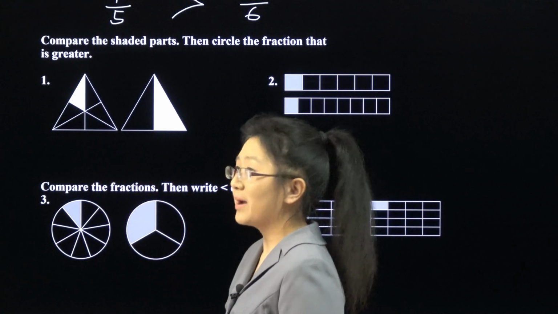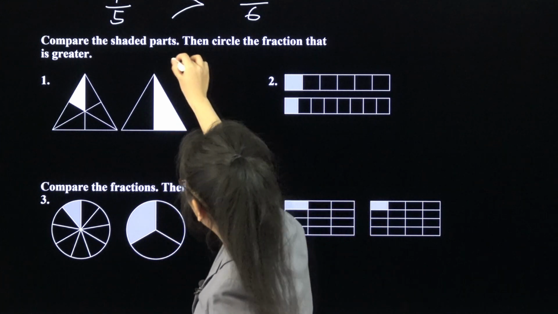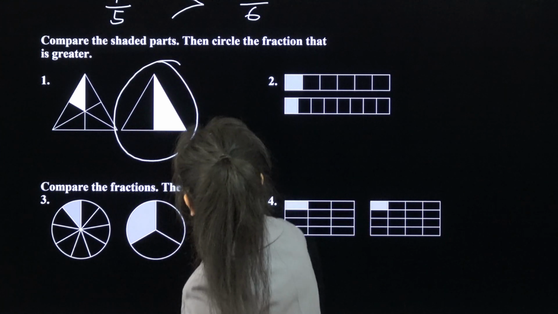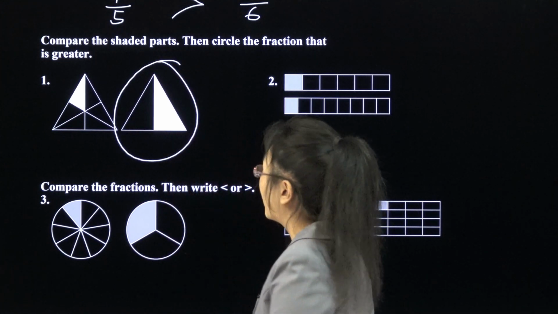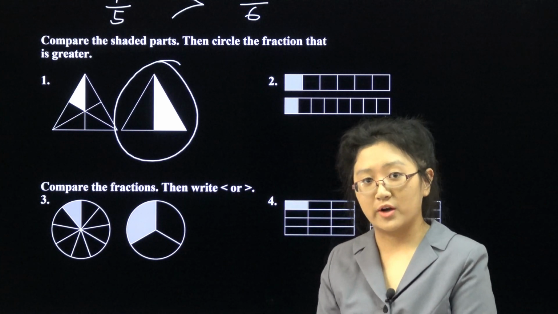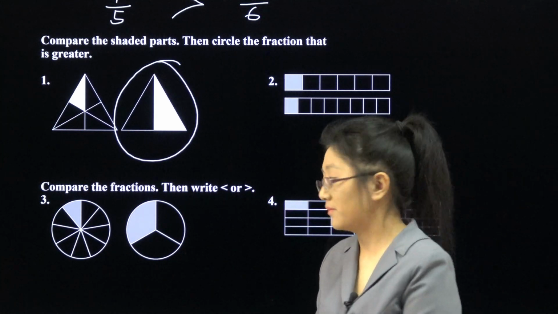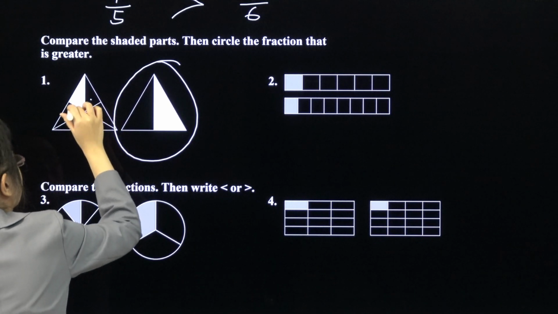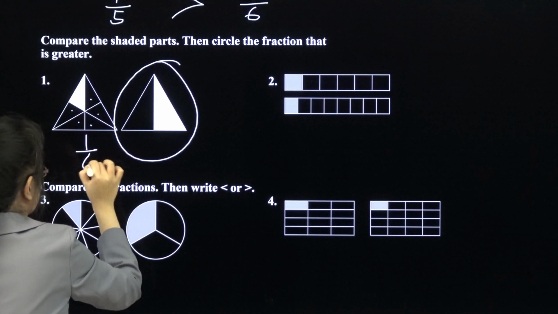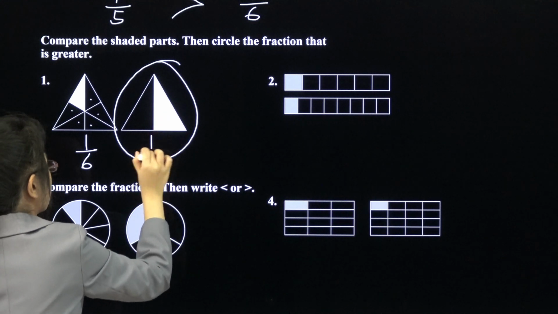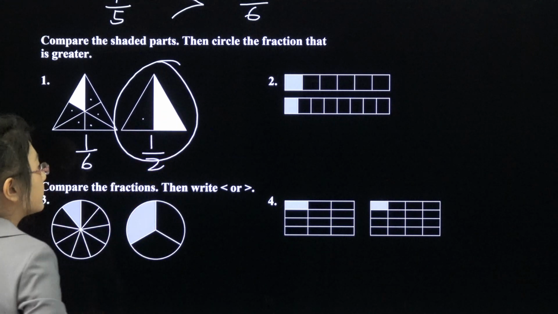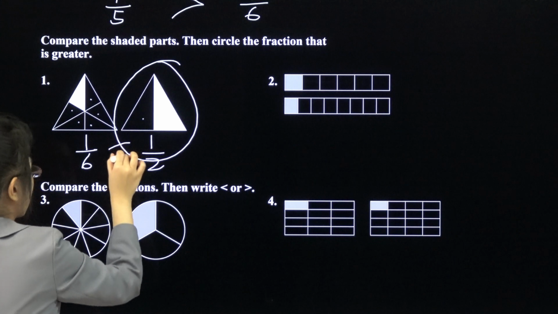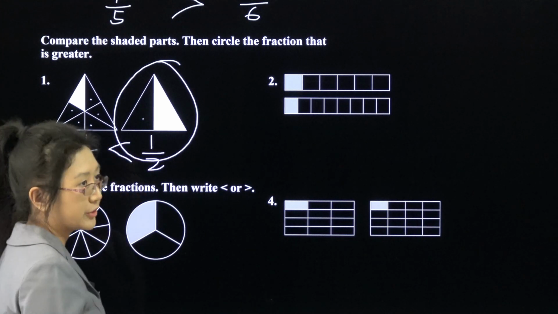So we circle the one with the bigger shaded part because that's the bigger part of the whole, which is the bigger fraction. And this is 1 over 6, and this is 1 over 2. So 1 over 6 is less than 1 over 2.